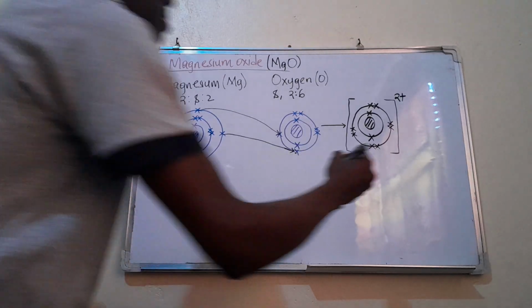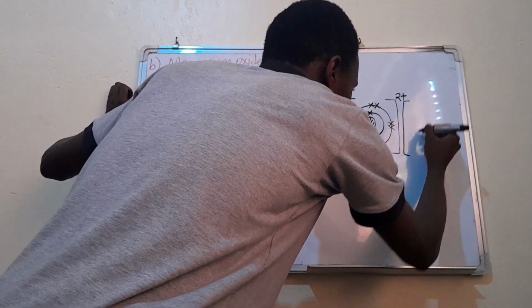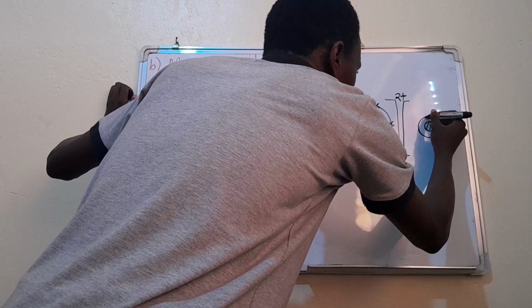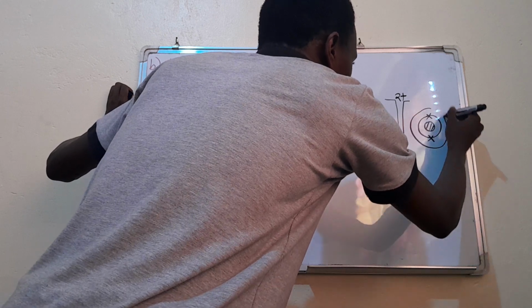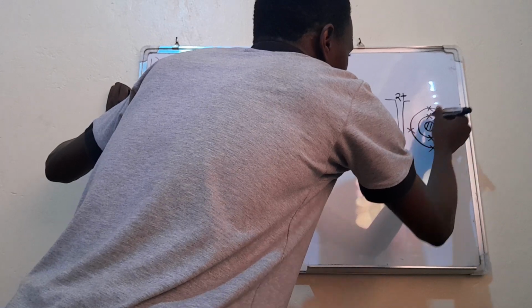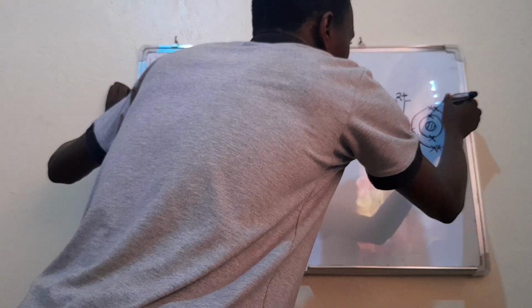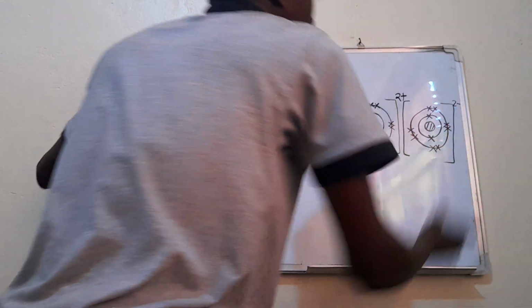Then oxygen, we shall come up with this as our new oxygen: 1, 2, 3, 4, 5, 6, 7, 8, with a 2 minus.